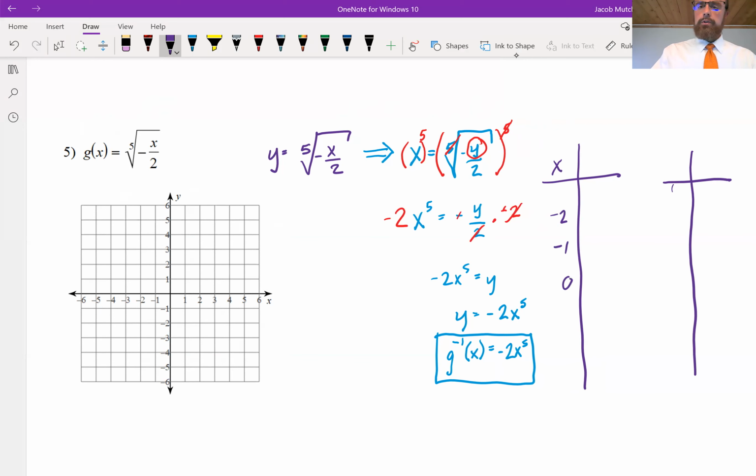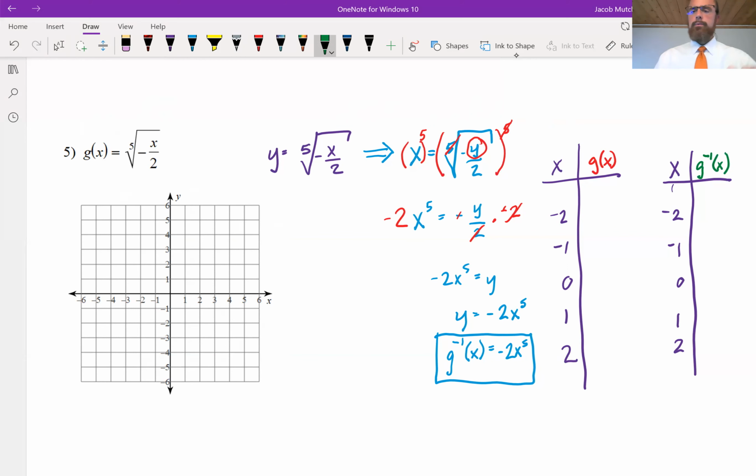I don't know if that's a good interval of the domain to choose, but it is a good starting point. And there we're going to calculate the original g of x. In the second table, we'll also use same x values, negative 2, negative 1, 0, 1, and 2. And there we will be calculating the inverse of g of x.